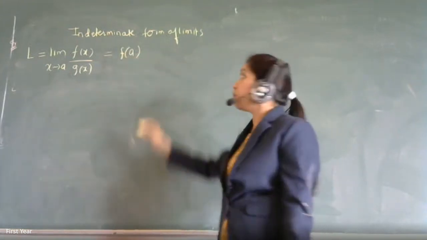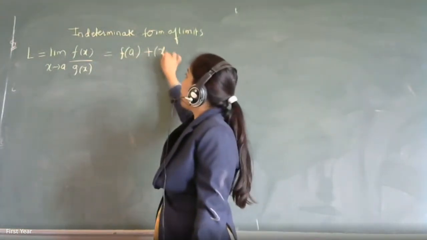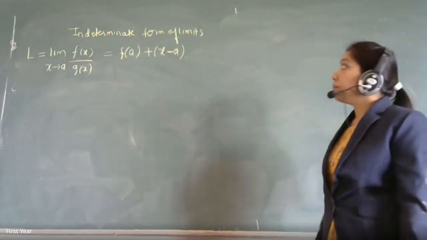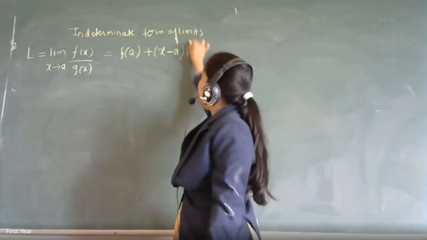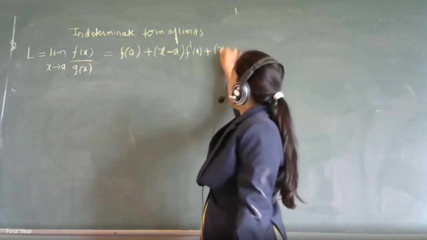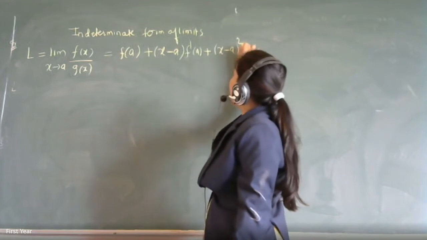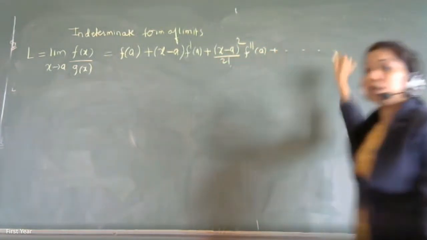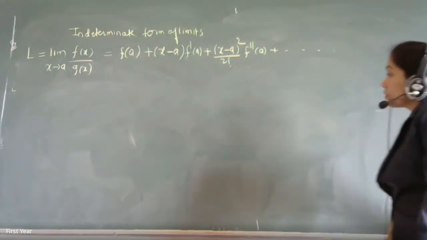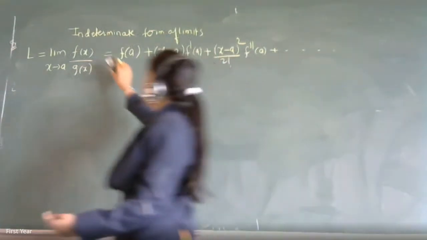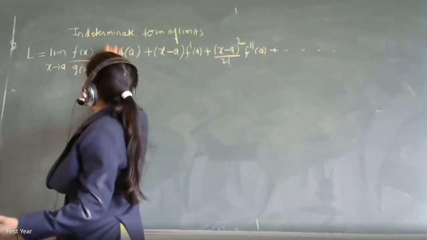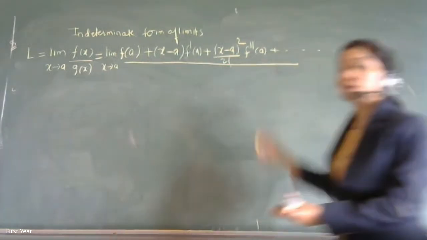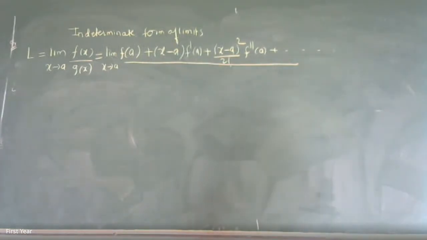Taylor series expansion about a is f of a plus x minus a f dash of a plus x minus a whole square by 2 factorial f double dash of a and so on. This we have written. This is the formula for Taylor series, isn't it?